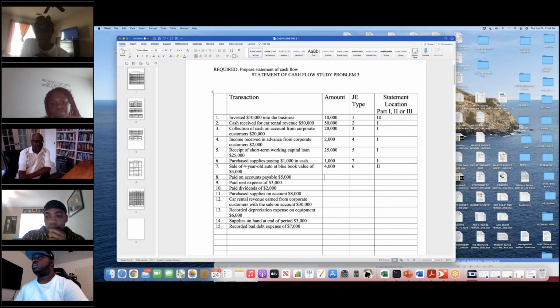Paid on accounts payable, 5,000. Type 8, section 1. Paid rent expense of 3,000. Type 9, section 1. Paid dividends of 2,000. Type 10, section 3.